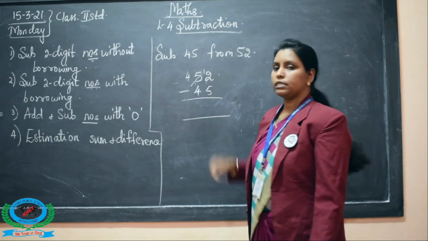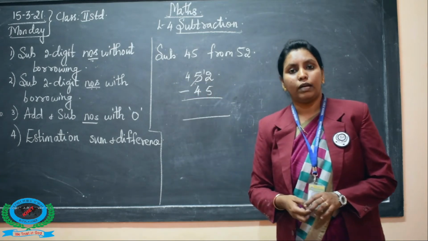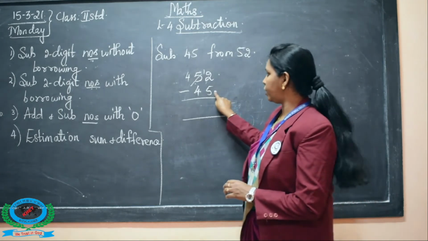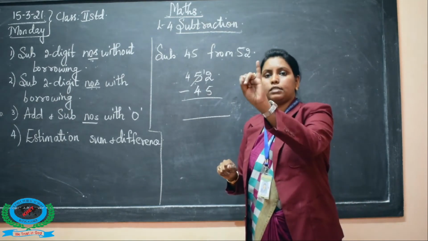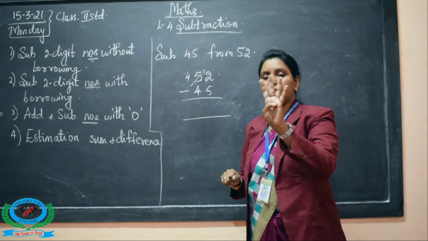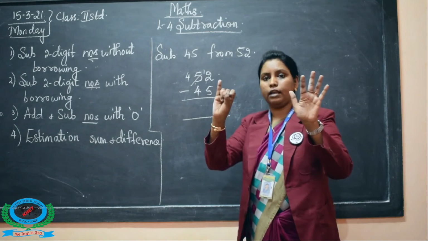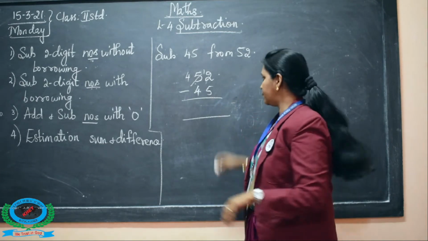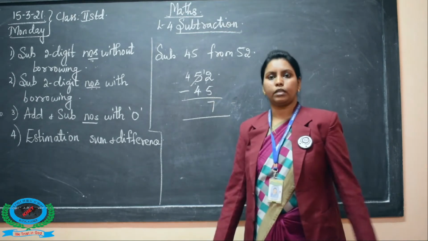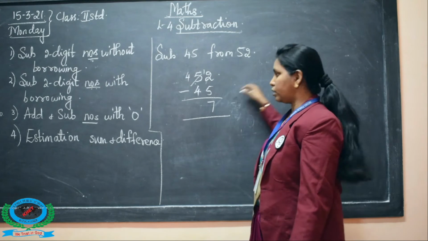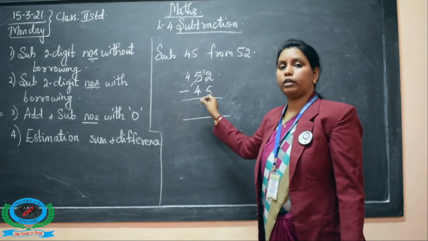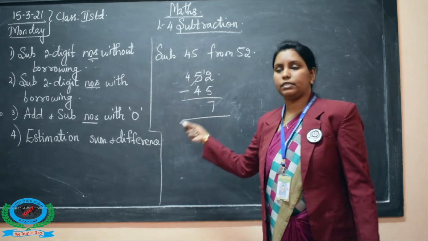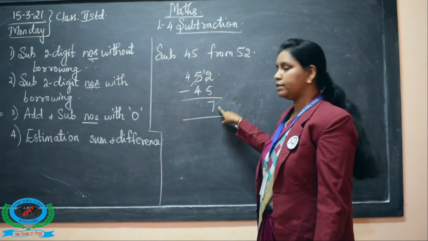Now you can easily subtract 5 from 12, isn't it? So after 5, count till 12: 6, 7, 8, 9, 10, 11, 12. So how many fingers are there? It is 7. So instead of drawing the lines and cutting it down, you can do it like this in an easy method. So 12 minus 5 is 7.